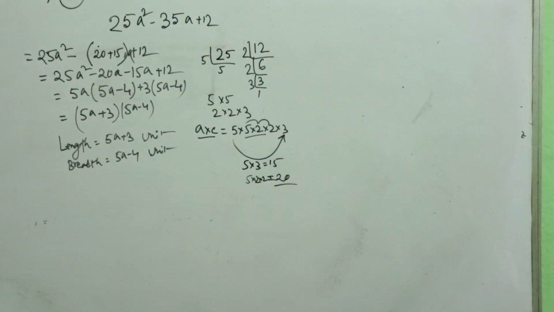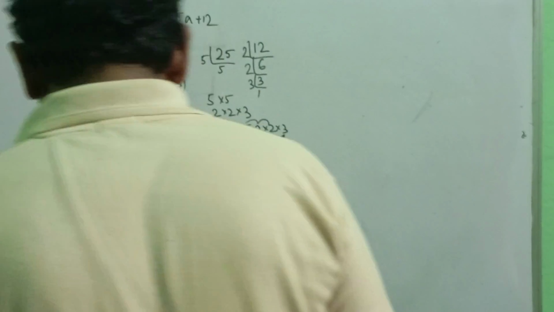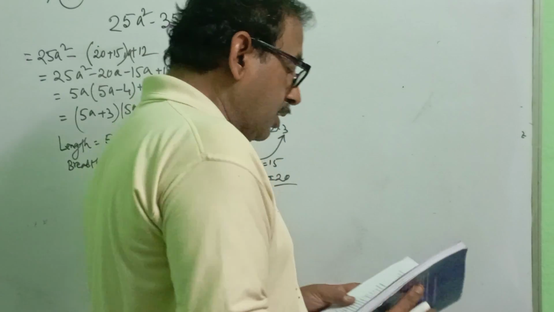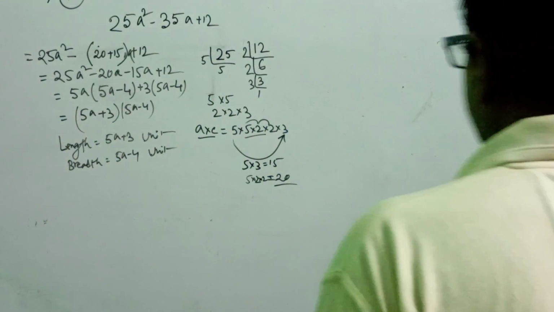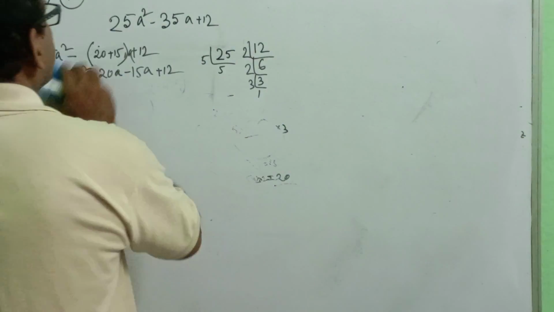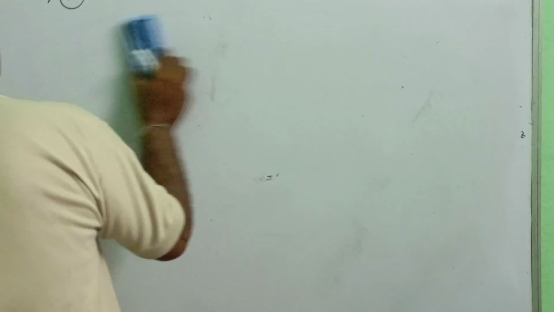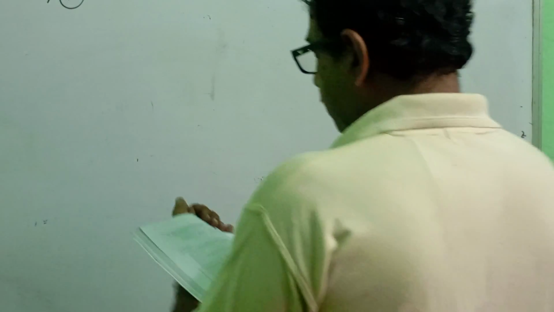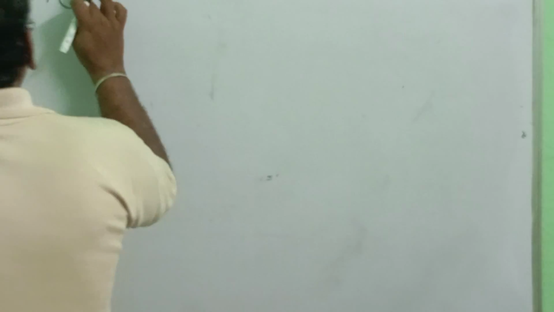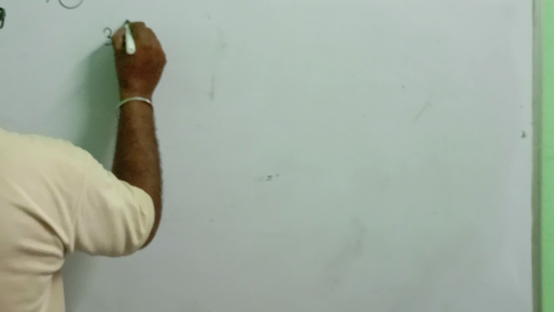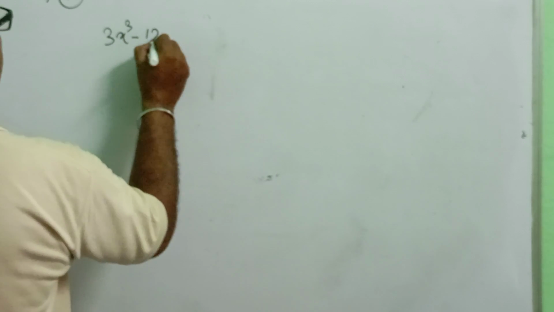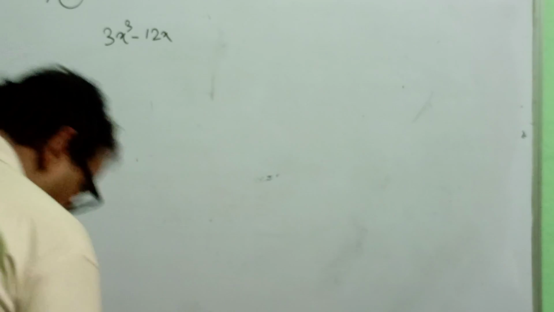Then we are going to the dimension, possible expression of the dimension, cubic. Now there is a cubic given. That is question number 60. So what have they given? 3x cube minus 12x.